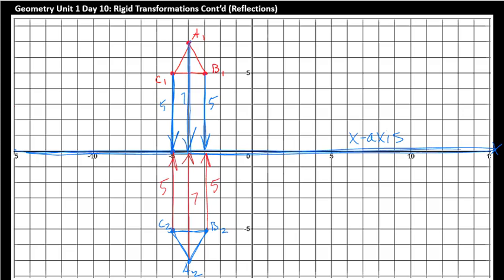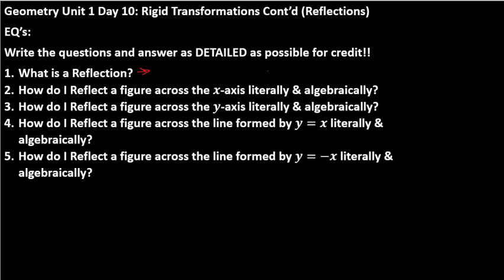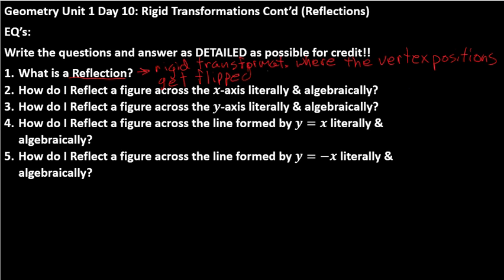So if I had to define in words what is a reflection, I think all I would say is that a reflection is a rigid transformation where the vertex positions get flipped, for lack of a better phrase, and maintain their distance from our reflection line, or our line of reflection.